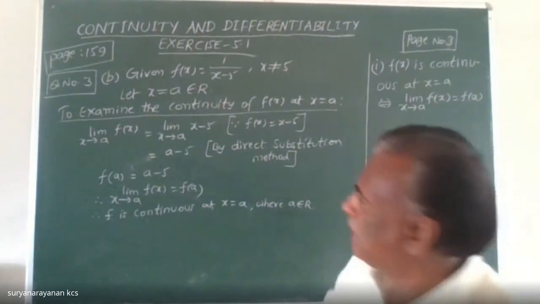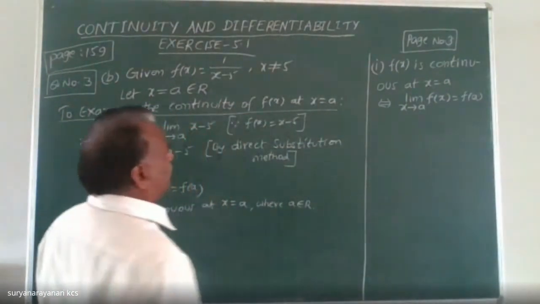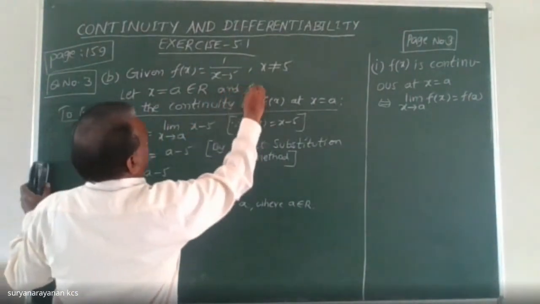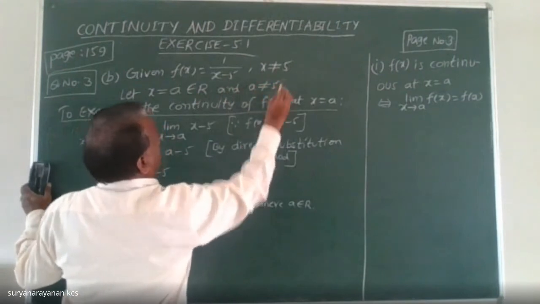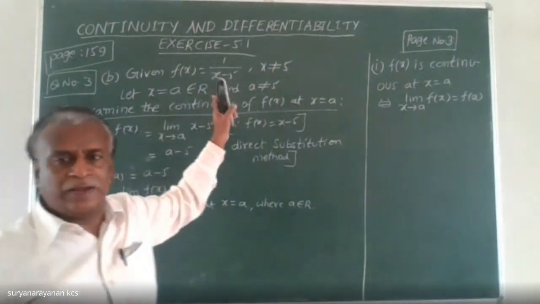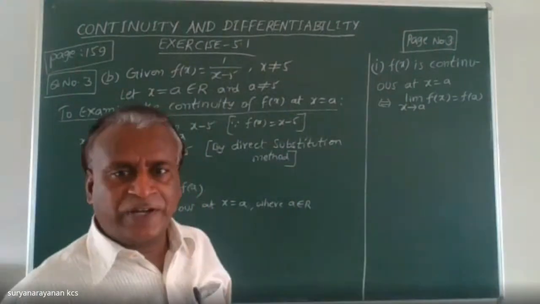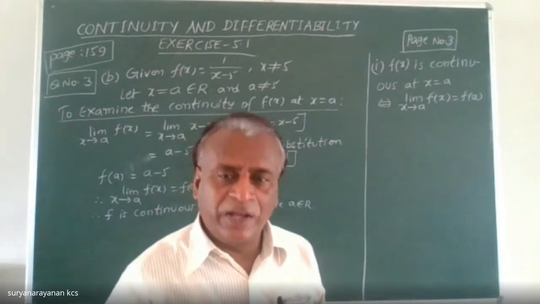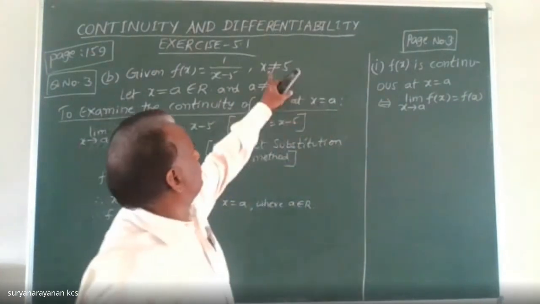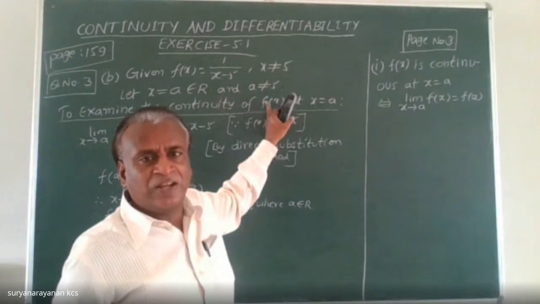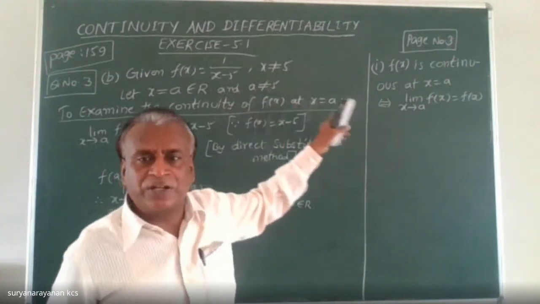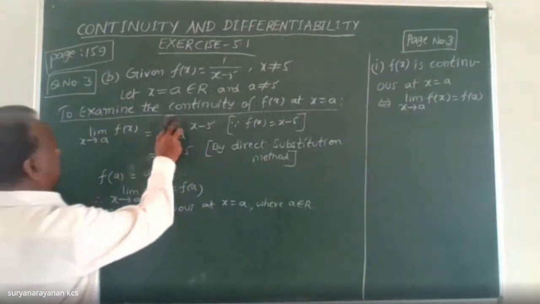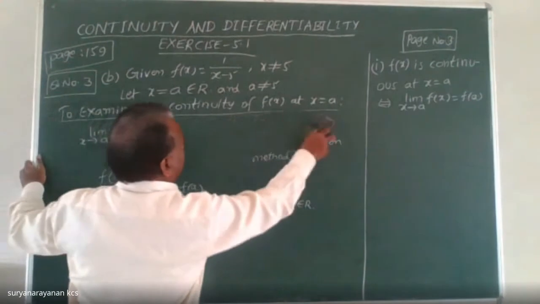Same procedure, we follow the same procedure. A should not be equal to 5. A be any real number. We can take any real number for x except 5, because x is not equal to 5. That is why we mentioned here a belongs to R and a is not equal to 5. So here also we follow the same procedure, nothing else.